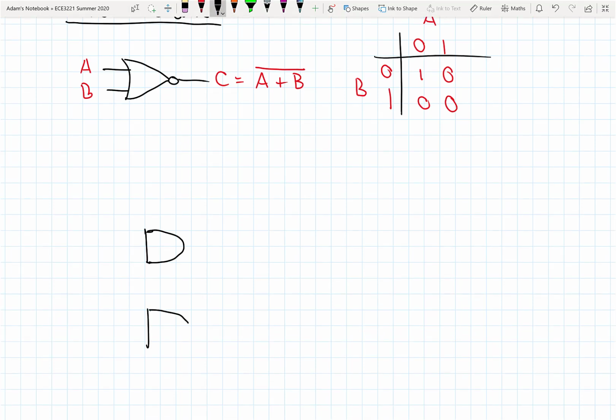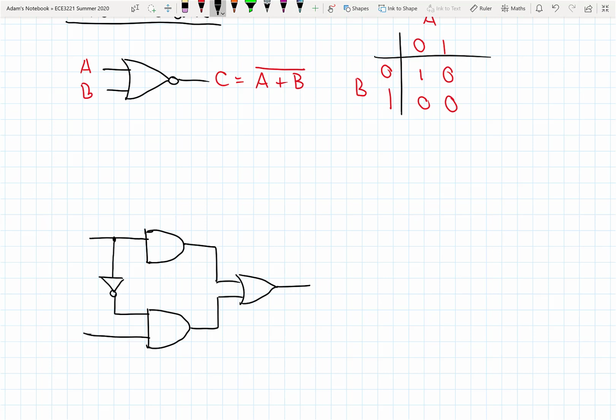If I take two AND gates, feed their outputs into an OR gate, and take the inputs to these AND gates and form them from the one input and the inversion of one input.